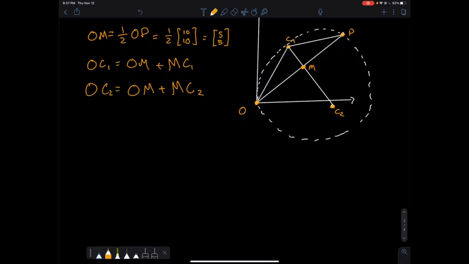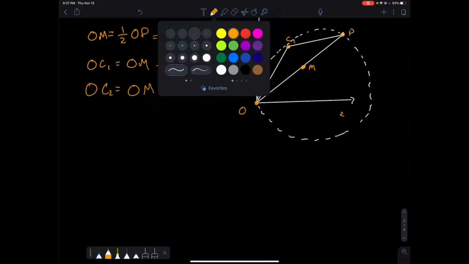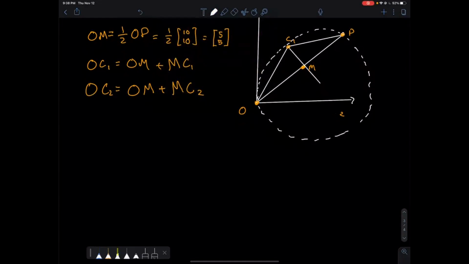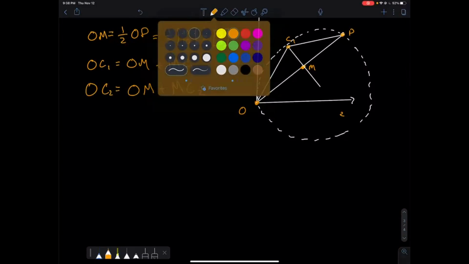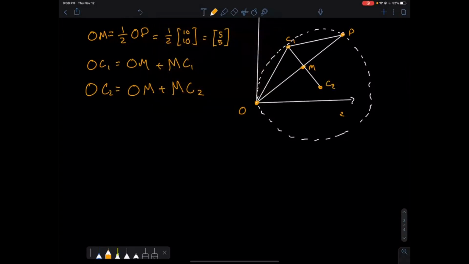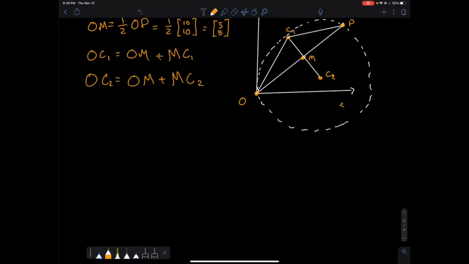So this is just the distance from M to C1, and the distance from M to C2. This line is very off, and I just realized that. Apologies. Okay, I'll make that look more reasonable. Cool. That makes more sense. Keep in mind that C1 and C2 are equal distances from M because they're both possible circle centers. So if we solve these equations for MC1, the magnitude of that is equal to the square root of OC1 squared minus OM squared, right?